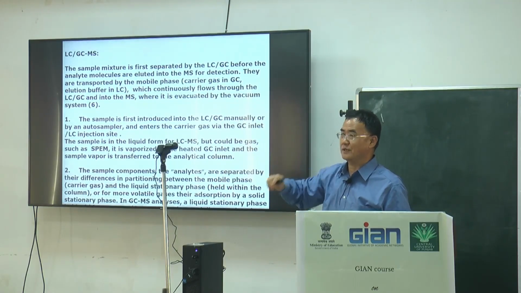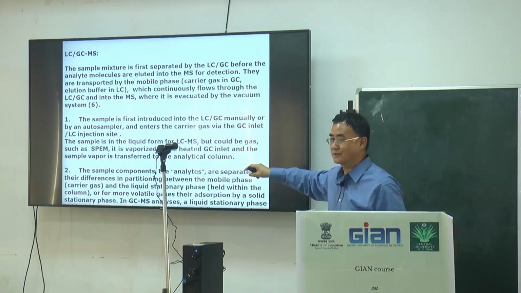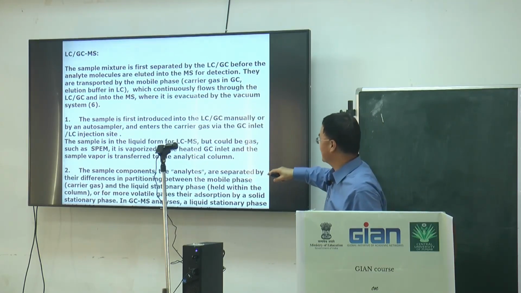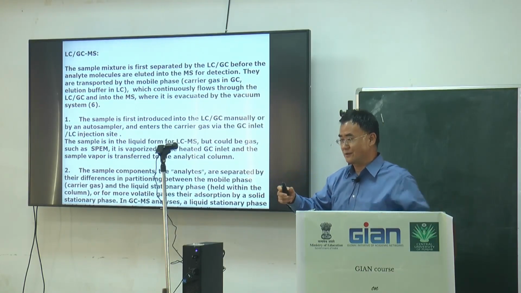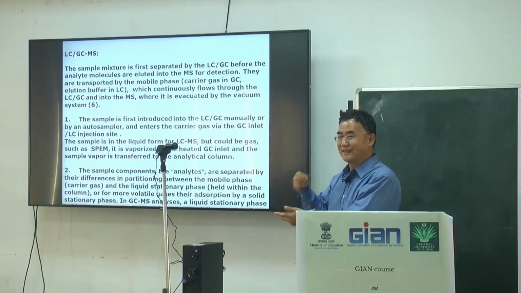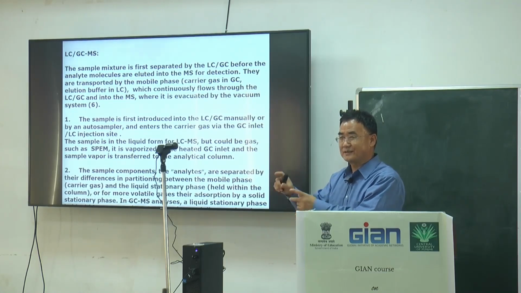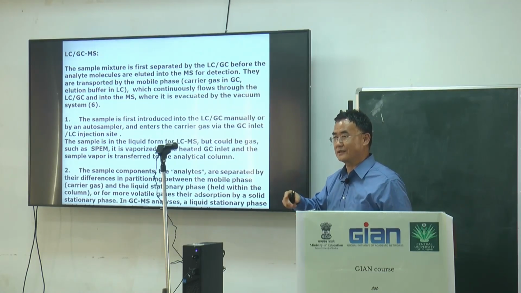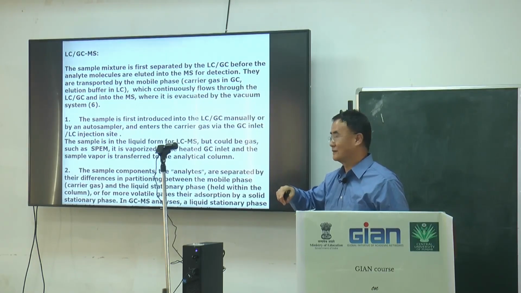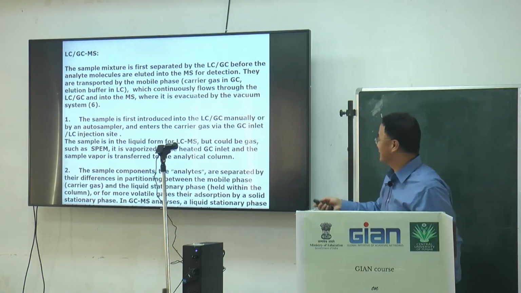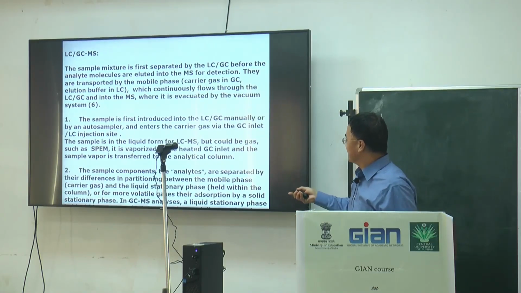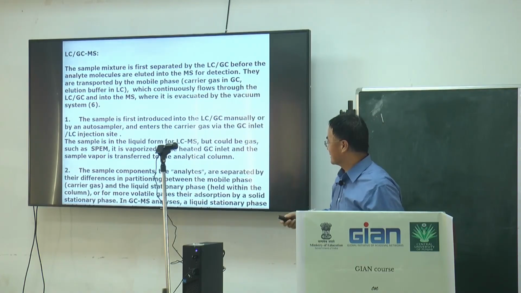Then you take the fiber out and put it into the GCMS. Another option is to use a syringe to inject the gas from the headspace, which you can also detect. So there are different ways for GCMS to handle gas-state samples.